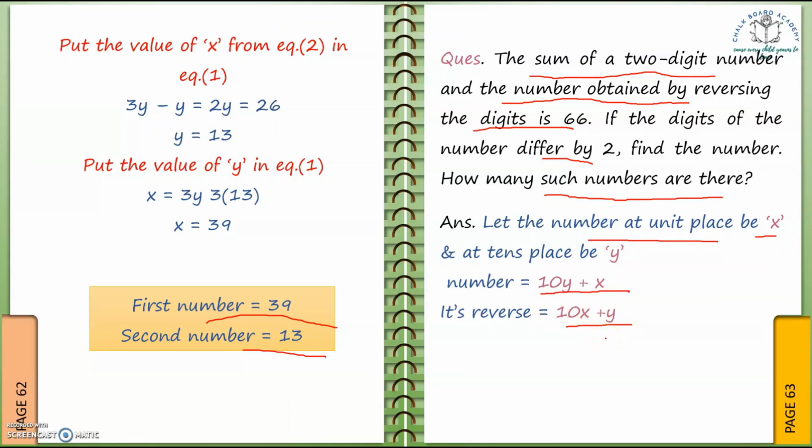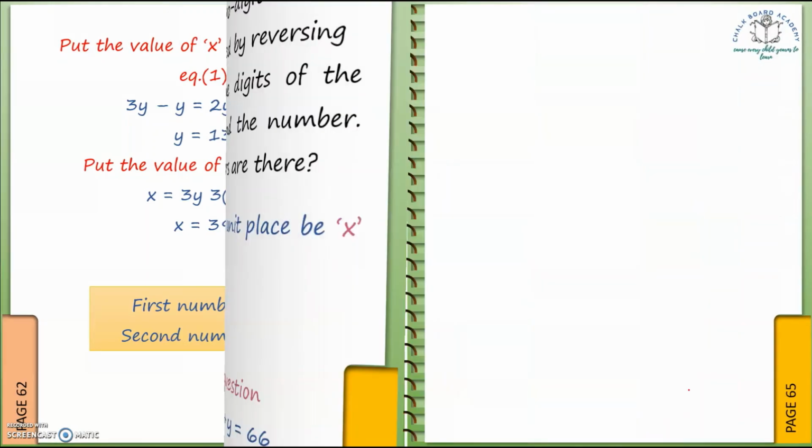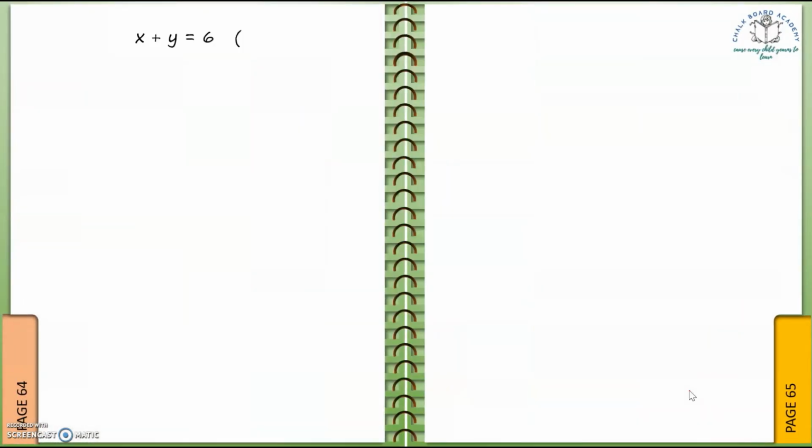Now according to the question, the sum of these two numbers will be 66. So 10y plus x plus 10x plus y is equal to 66, and after solving we get 11x plus 11y is equal to 66. So after solving it further we get x plus y is equal to 6, and the second part is x minus y is equal to 2.